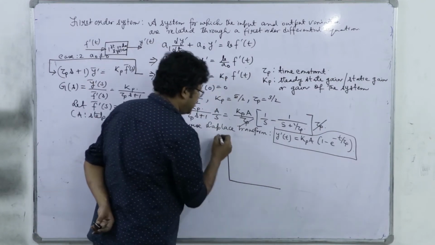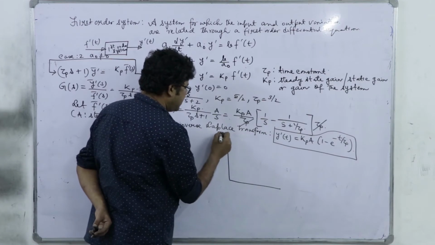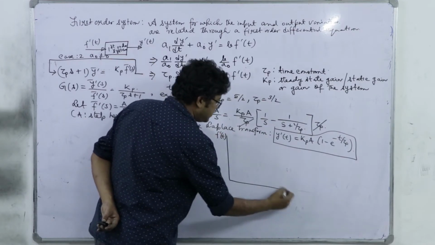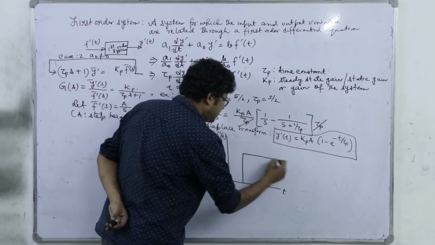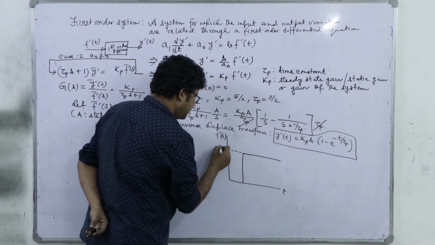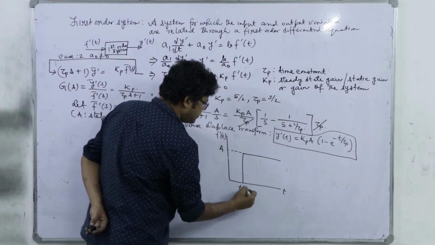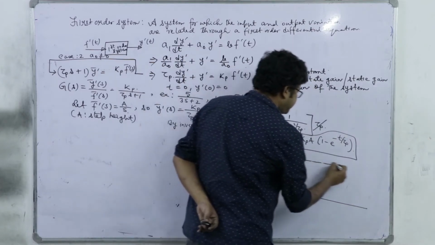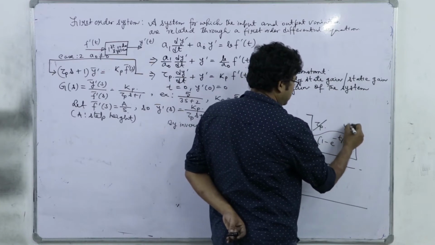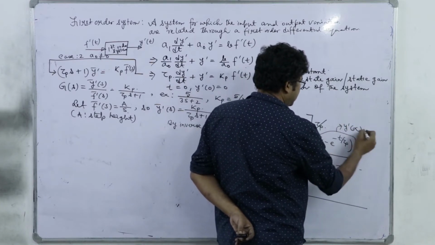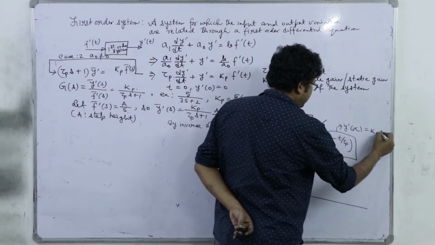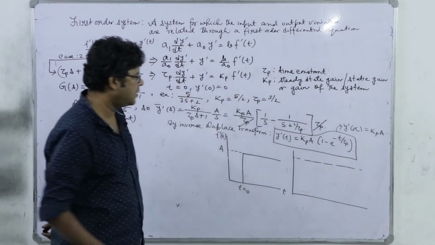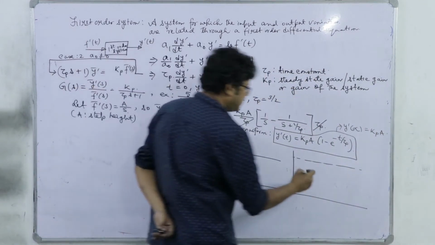So what was our input? It was a step function, and the output, see here, y prime infinity, what we get is Kp into A, that is the final steady state or equilibrium value.